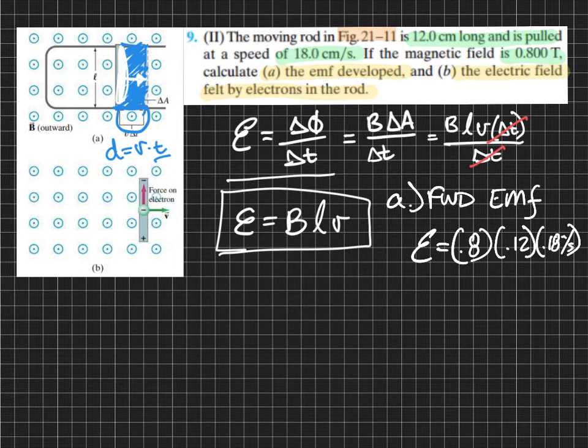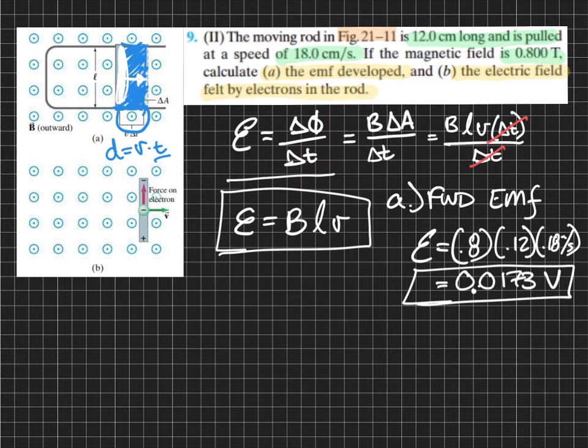Again, we have to convert that to meters per second. When we do, we get a value of 0.0173 volts.